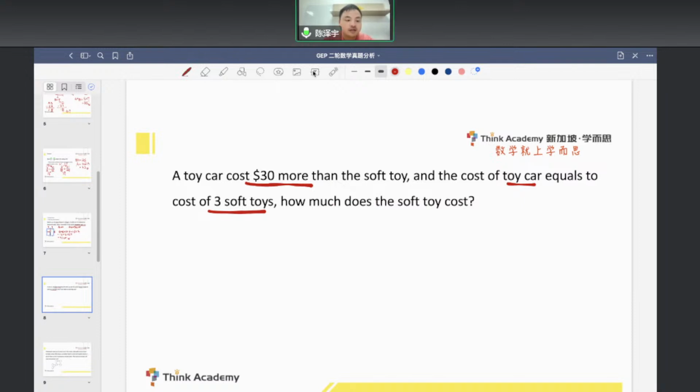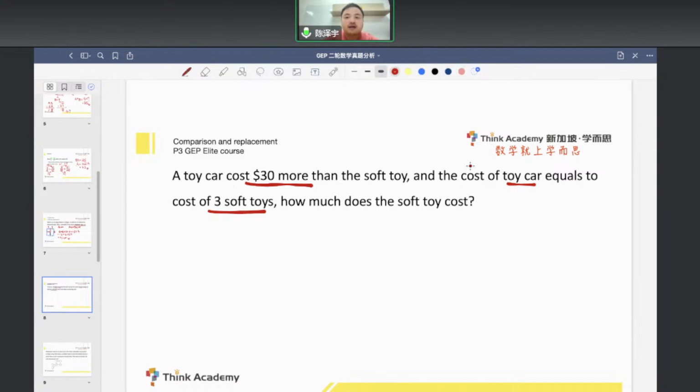So this question is testing us on the knowledge of comparison and replacement. And this one is covered in our P3 GEP Elite course. So if you have attended our GEP course, this one shouldn't be a problem for you also.